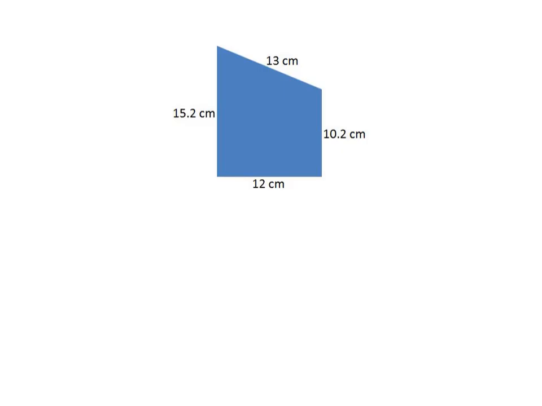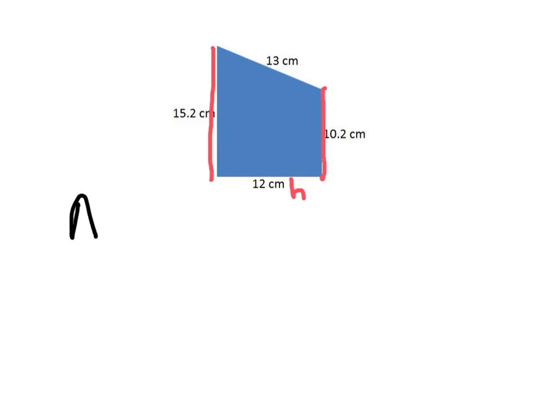Okay, this one, the bases are here. Those are the parallel sides. So this trapezoid was turned the other direction. Those are the bases. And the height is going to be the 12. Were you able to identify those correctly? All right, now pause your video, calculate the area, and then restart.